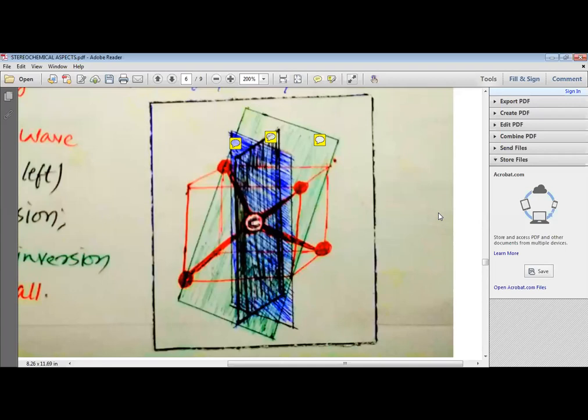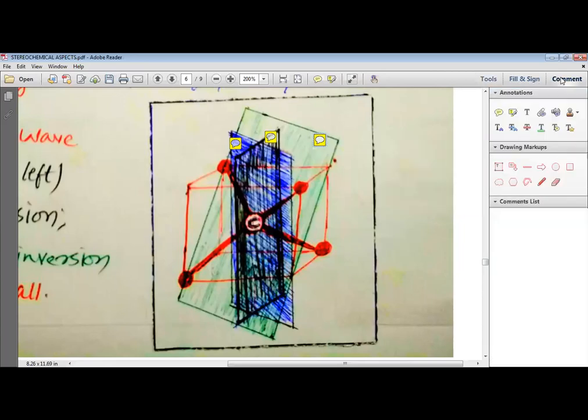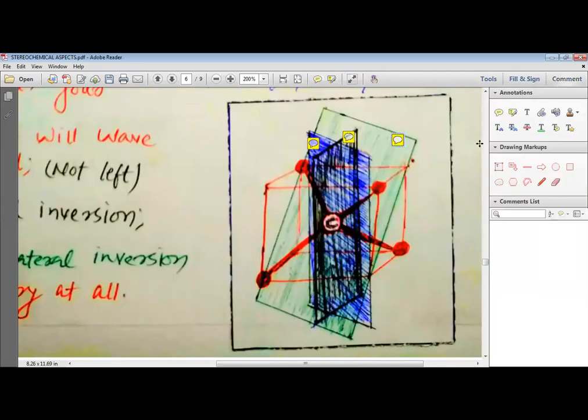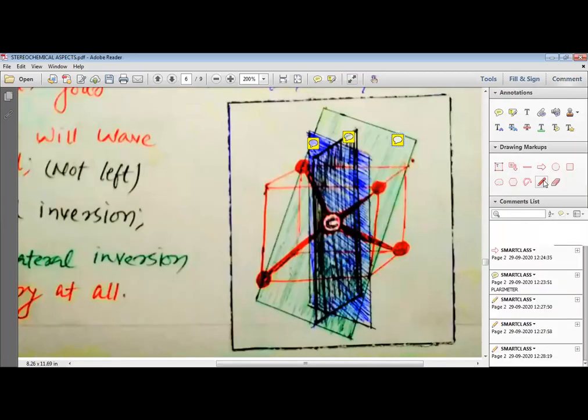Now let's have a look at this particular green plane. My dear students, the green plane is passing through these 2 atoms.